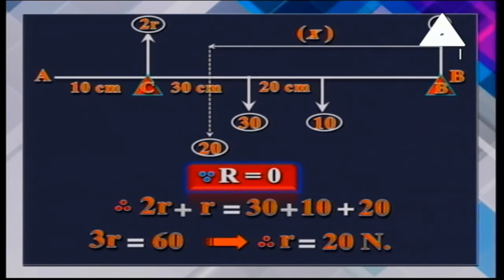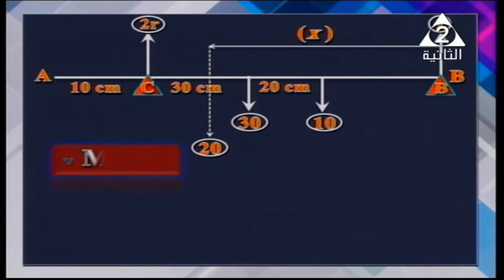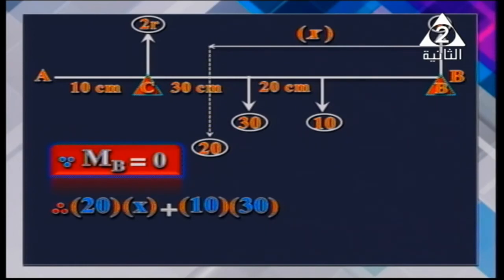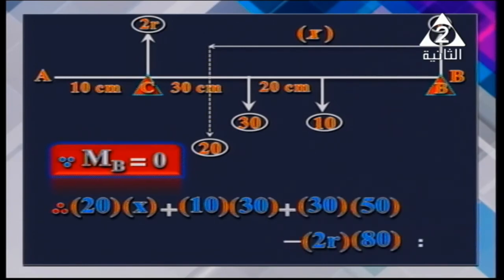Therefore, my dear student, moment about B equals 0 to find the value of X. 20 times X, the value of R is 20. 20 times X plus 10 times 30 plus 30 times 50 minus 2R times 80 equals 0.